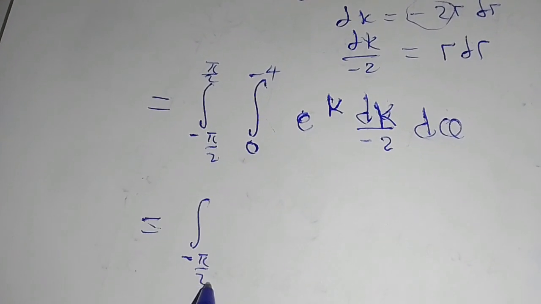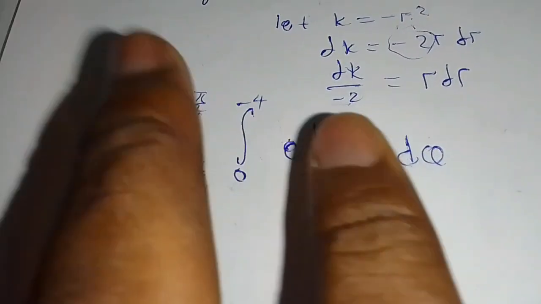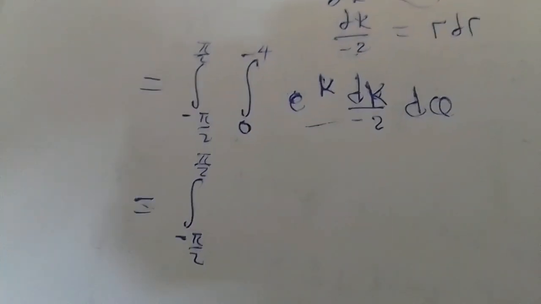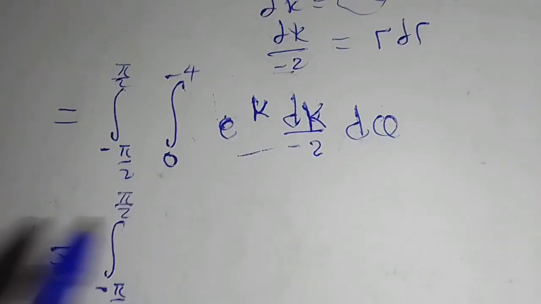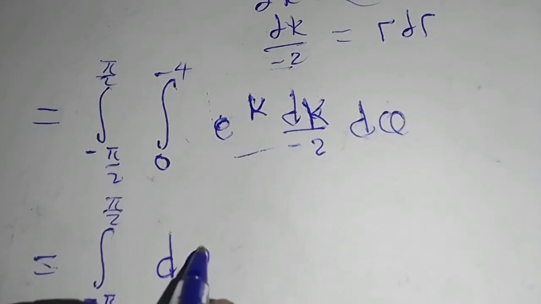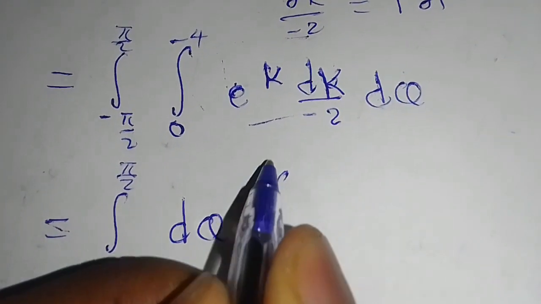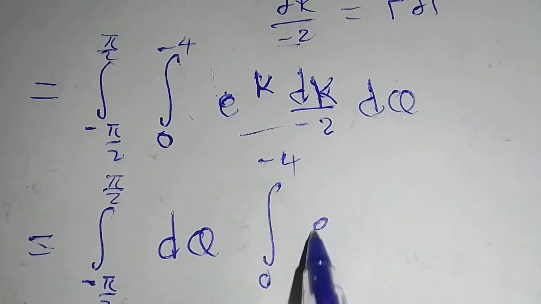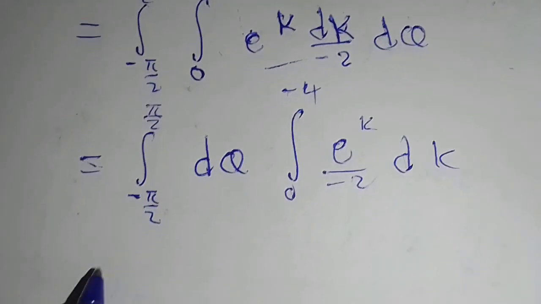Since this thing is independent of theta, you can express these two integrals as the product of them: the integral with respect to theta and the integral with respect to k. So you have minus 4, and you can express it like that.